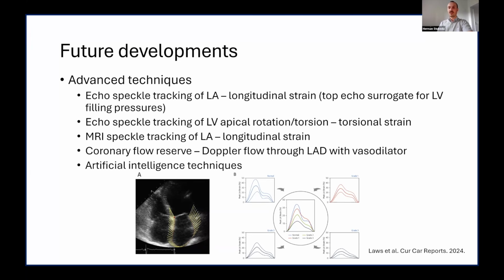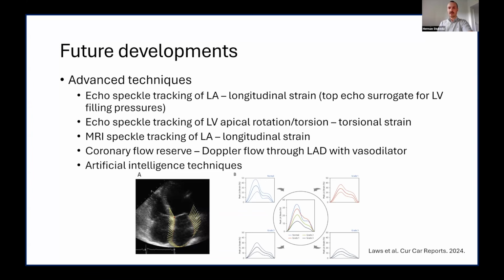The benefit of this, called left atrium reservoir strain, is that it seems to correlate well independently of pathologies that might affect transmitral measurements, such as MAC or MR. The limitation is that it's not widely available in most software packages on the echo machines, so it makes it difficult for smaller centers to adopt this.